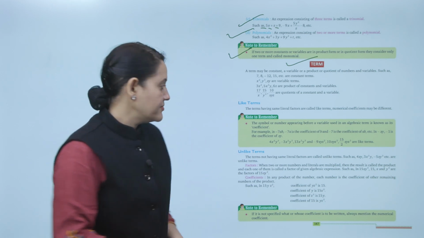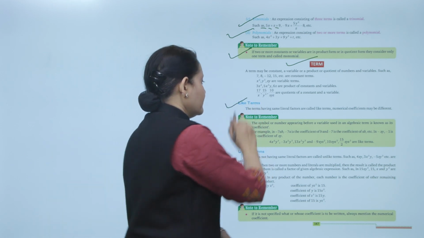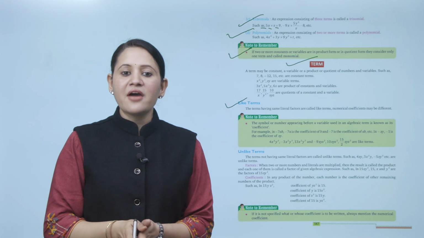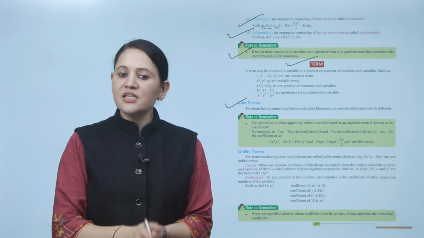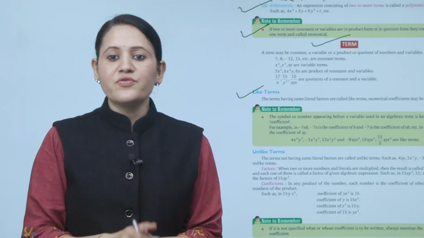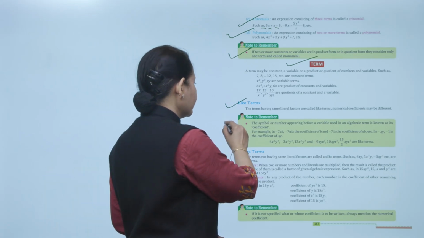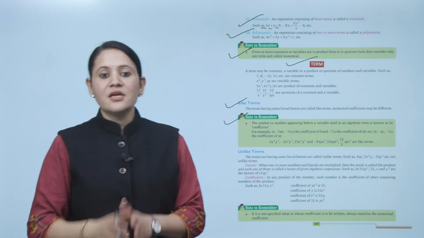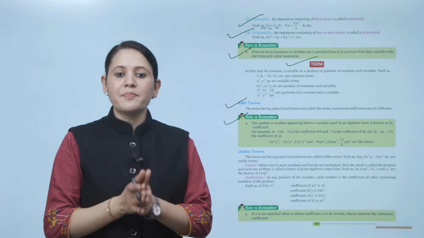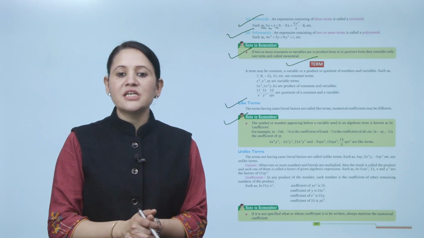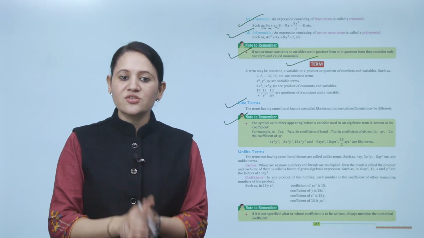Next is like term. The terms having the same literal factor are called like terms. The numerical coefficient may be different. Next is note to remember. The symbol or the number appearing before a variable in an algebraic term is known as the coefficient.